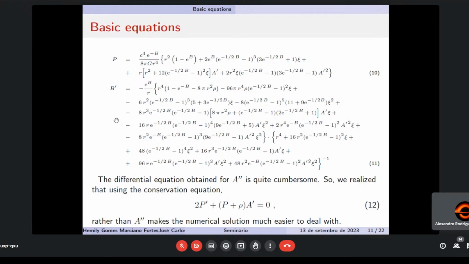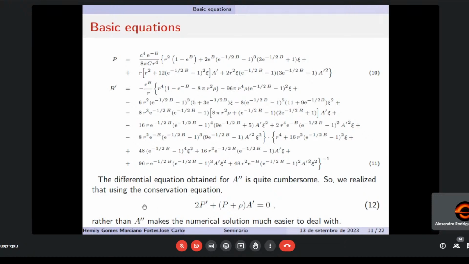But this is an insight we had, because if we use the A double prime, the calculation, even with a Python program, was very hard to perform. So we realized that if you use, instead of this differential equation for A double prime, the conservation equation, the calculation becomes much easier.